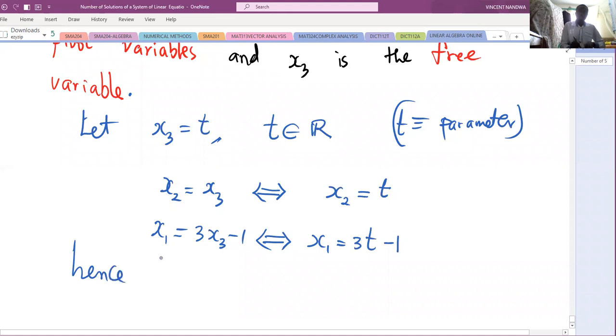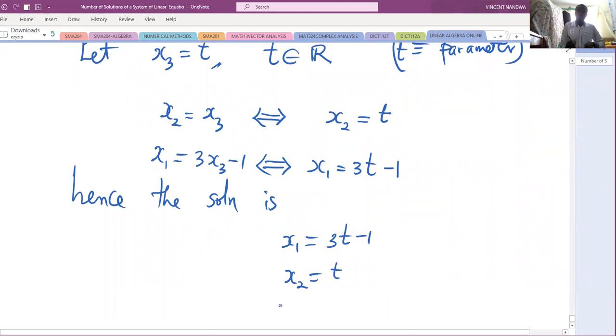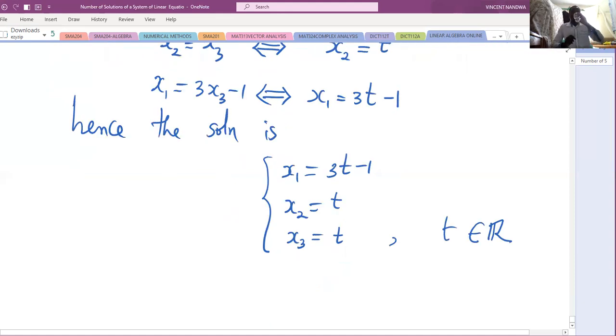Hence, the solution set is x1 is 3t minus 1, x2 is t, and x3 is also t. So this is the solution. And remember to specify that t is a real parameter, a real number. So this is a case of a system that has an infinite number of solutions, because any value of t you pick, you'll get a set of values that satisfy the equations.